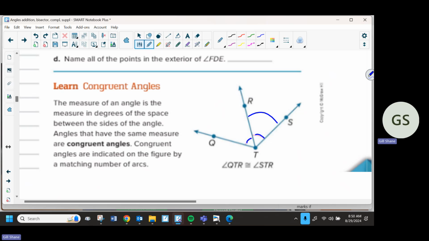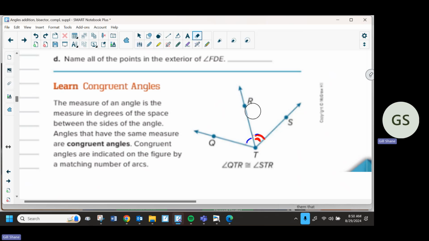If they're different measures, they would add a second one on that angle to say that angle has a different measure. So you've got to understand congruence marks. They're going to be in eventually, like I said. I kind of stopped going over this stuff and I expect you to have it down. Congruence marks mean things are the same, or not the same if you see different numbers of them.